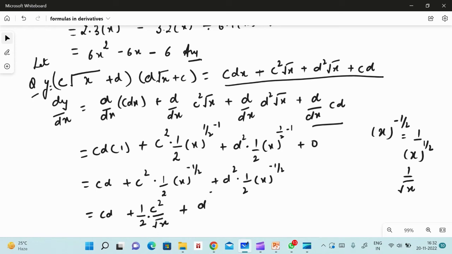In the same way, I will write d square root x, or I can write it by taking common plus 1 by 2, c square plus d square divided by root x. I can write it in this way also. So this is my solution. Okay, fine.